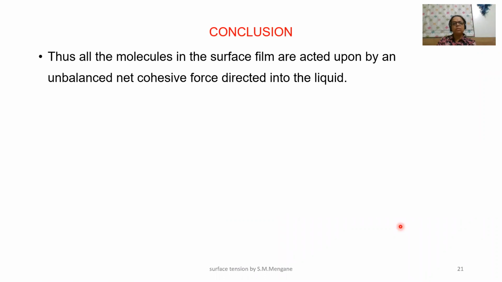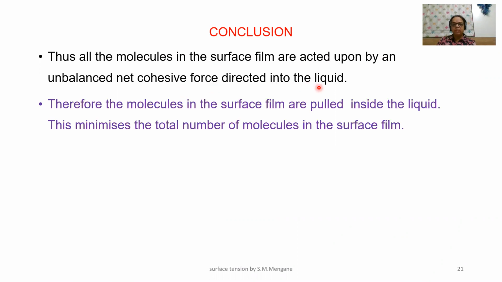Then what is the conclusion of this molecular theory? All the molecules in the surface film are acted upon by an unbalanced net cohesive force directed into the liquid. Therefore, the molecules in the surface film are pulled inside the liquid, and this minimizes the total number of molecules in the surface film.